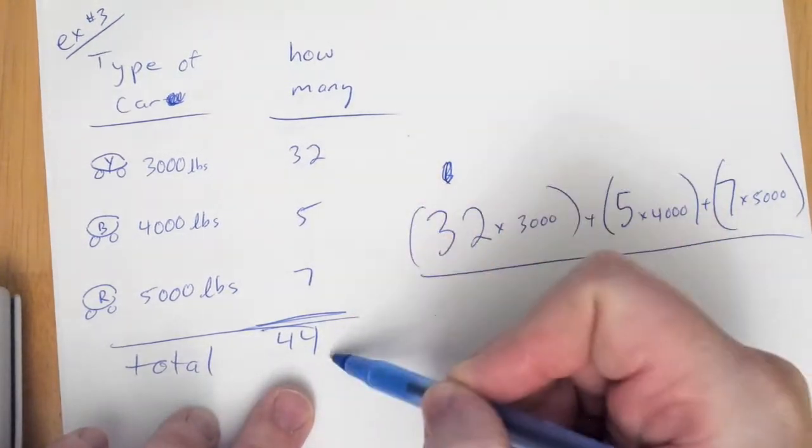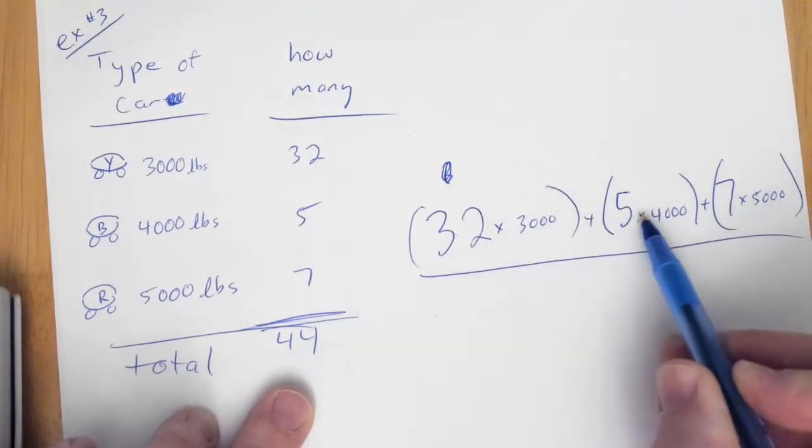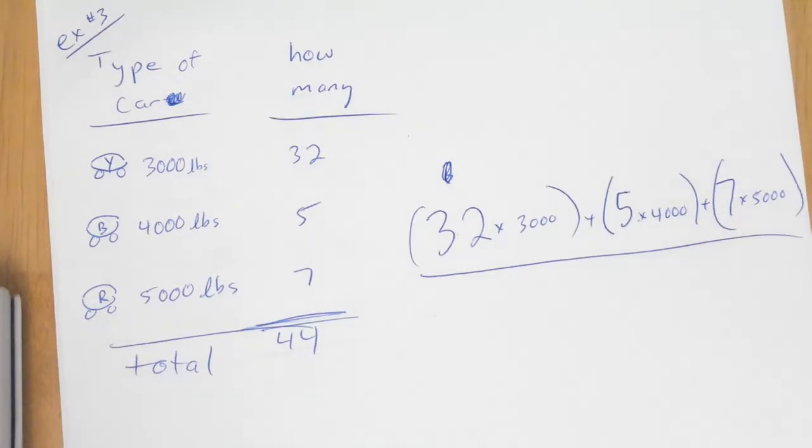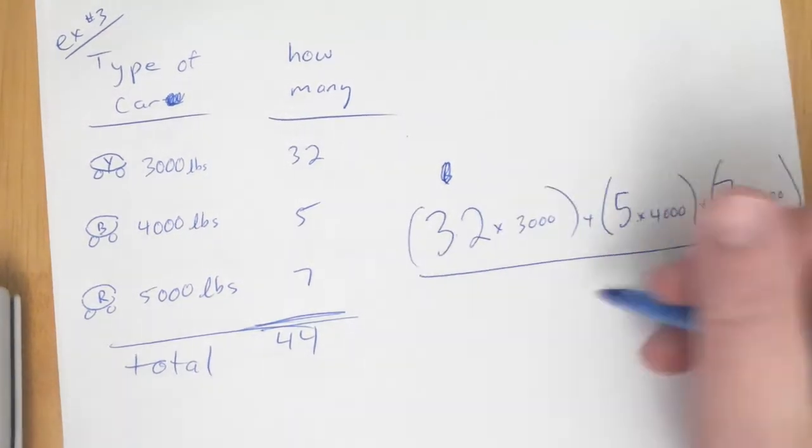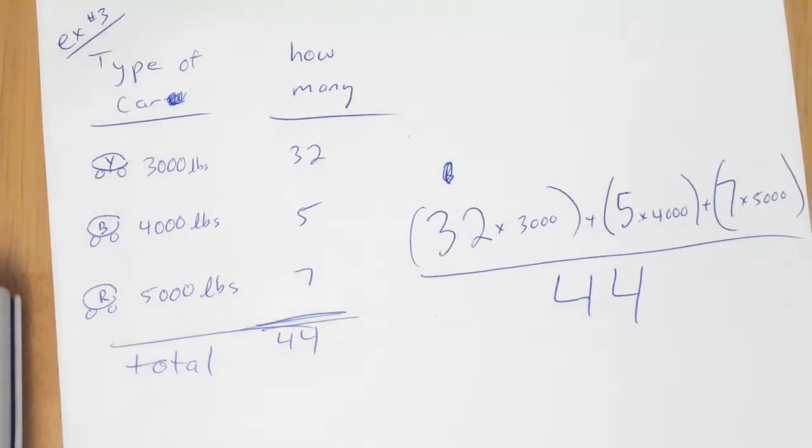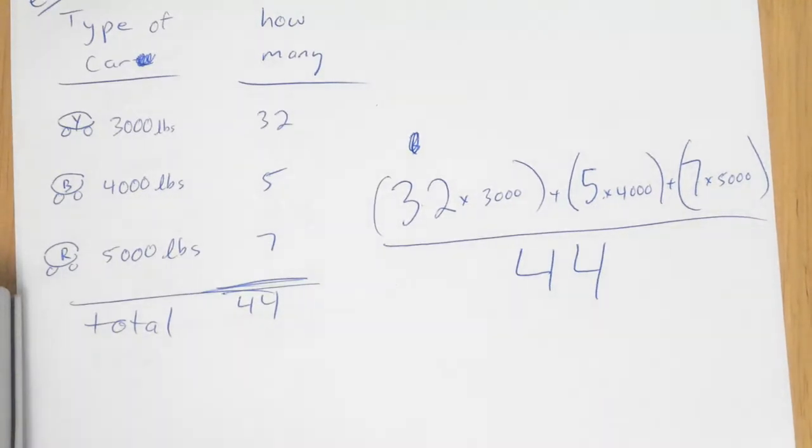And how many total were there? Those are the big numbers, 32, 5, and 7, and they add up to 44. So if we put those all together, 32 times 3,000 plus the 5 times 4,000 plus the 7 times 5,000.